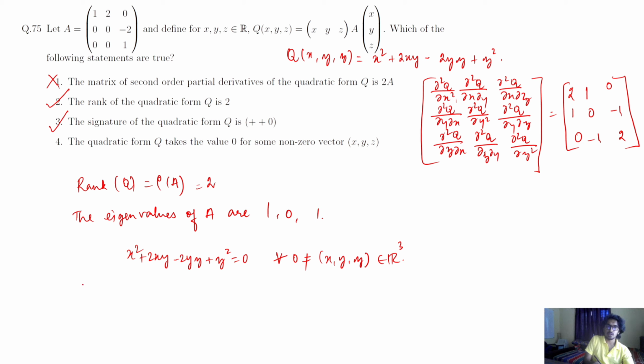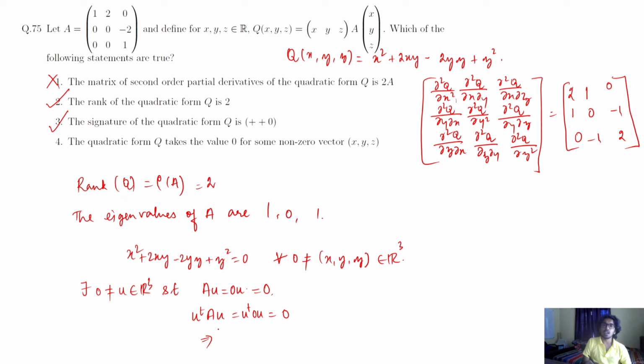So 0 is one of the eigenvalues. There exists a non-zero vector u in R3 such that Au is 0u, which is 0, right? You just multiply its transpose with it, that is 0 only.